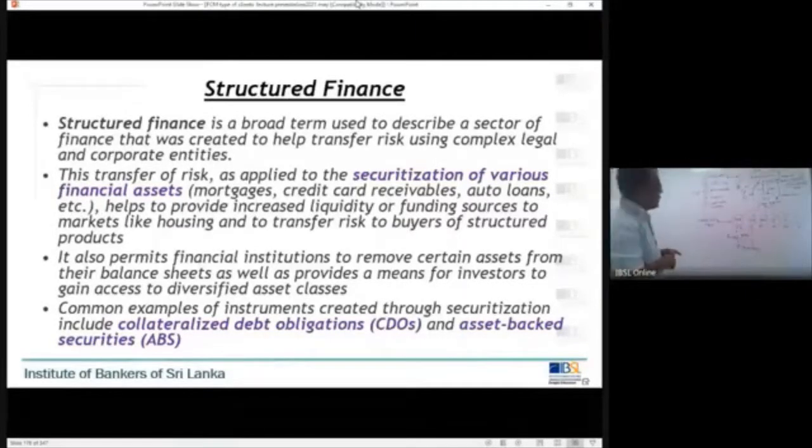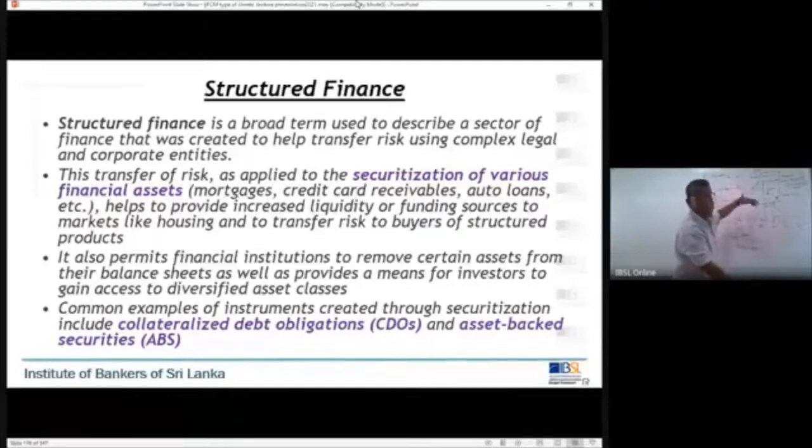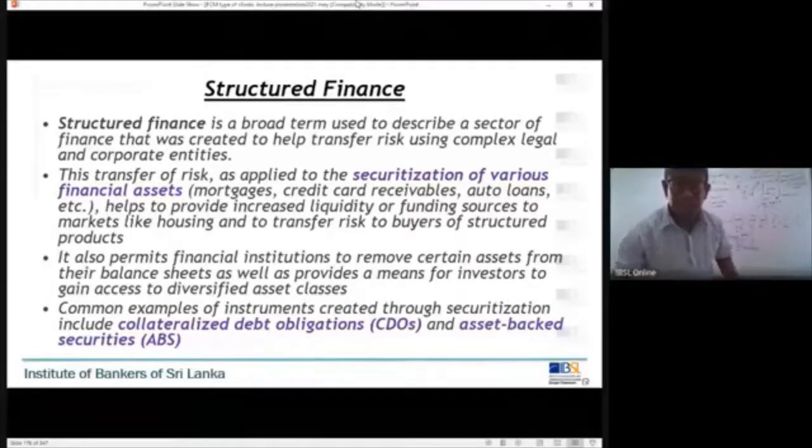Right? So it's a very complicated product. That is high secure, high risk. So that is what you call structured finance. One of the reasons, now this instrument was at one time very popular in the USA, UK, especially the USA. Securitization. In Sri Lanka it's not much popular, remember.